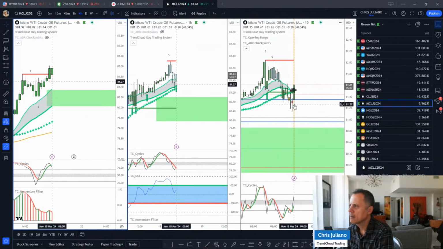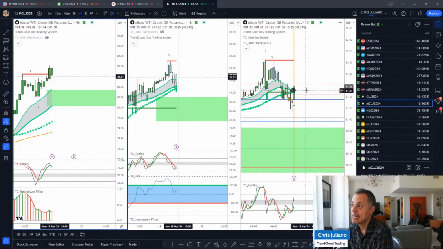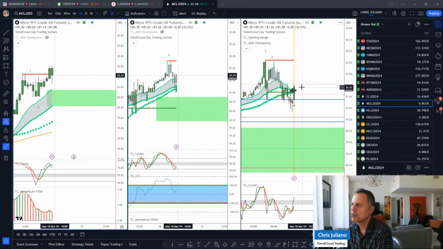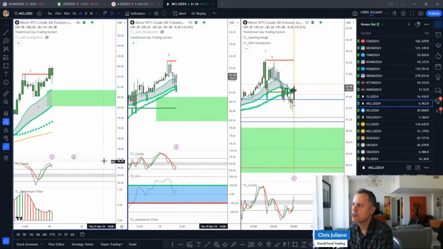Here we're starting to break above all of this resistance here right now, at least. And what does that tell you? Well, if we're breaking above, that means it's not quite ready for a full downtrend yet, right? We're breaking above that 50 simple, breaking back above the Trend Cloud.